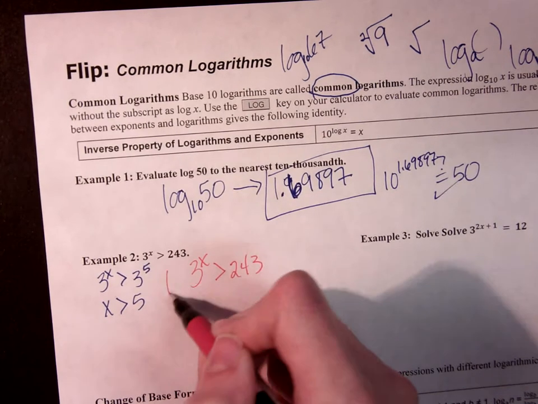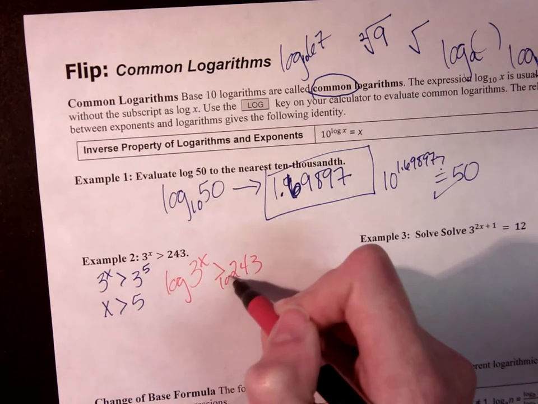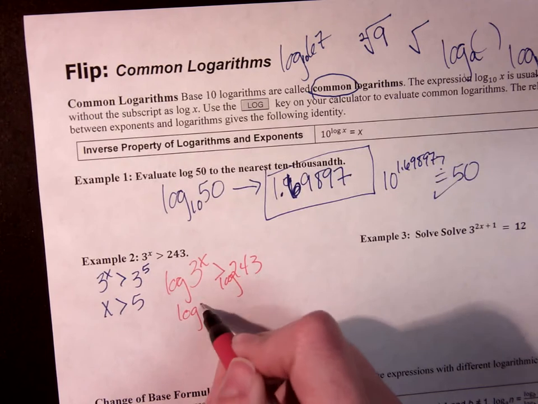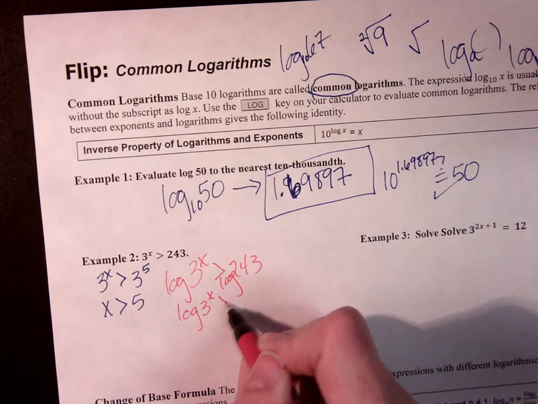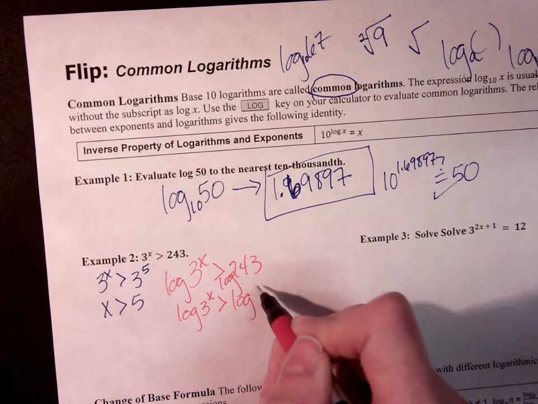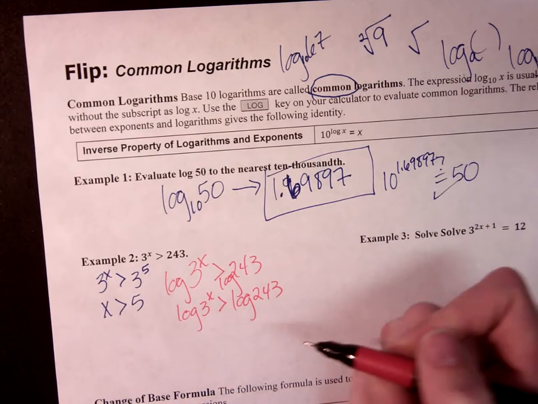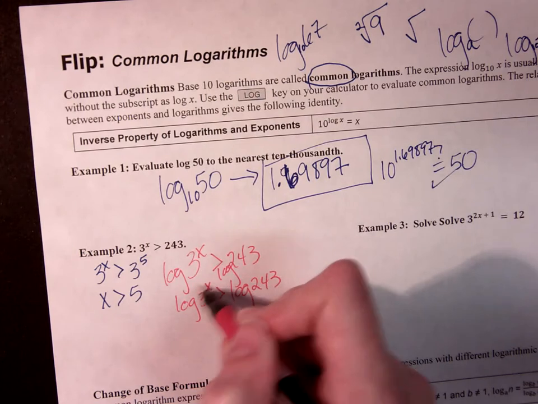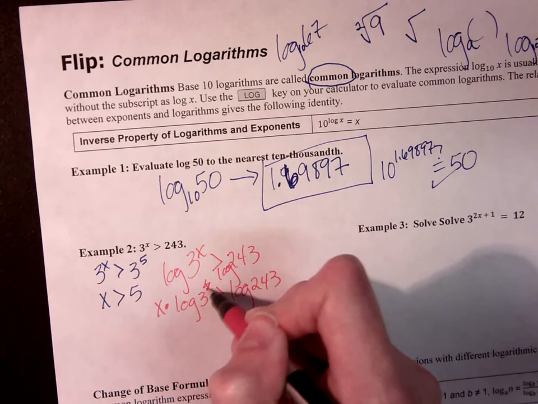We're going to take the logarithm of both sides. So now it says log of 3 raised to the x is greater than the log of 243. Because of my power property, I know that this x is actually going to turn into multiplication.